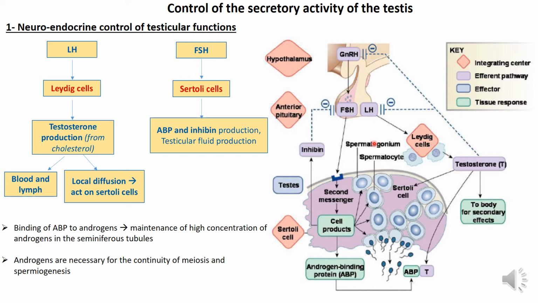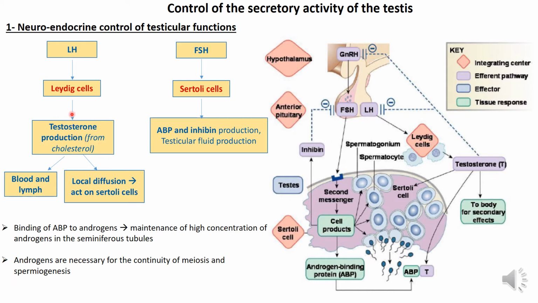The Leydig cells express receptors for LH, and thus, under the action of LH, the Leydig cells are stimulated to produce testosterone, synthesizing it from cholesterol or from acetate.